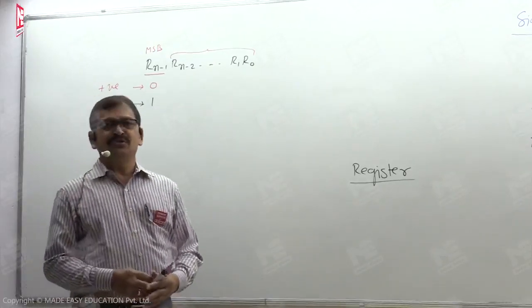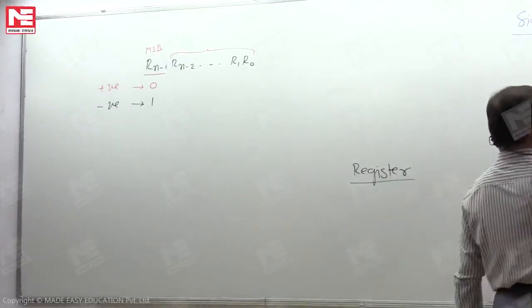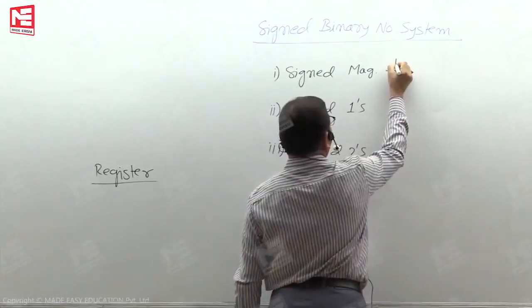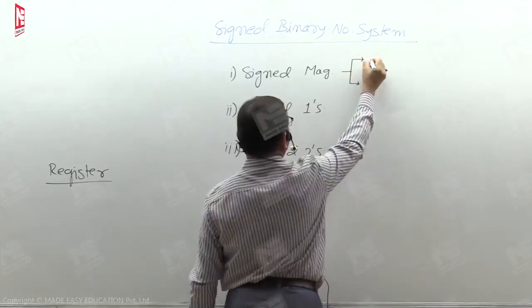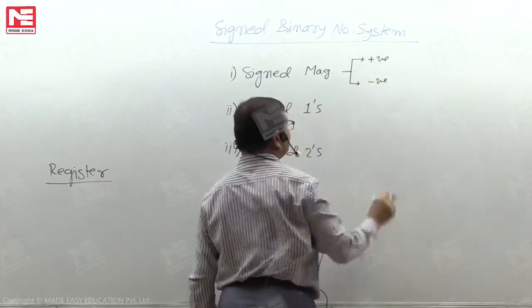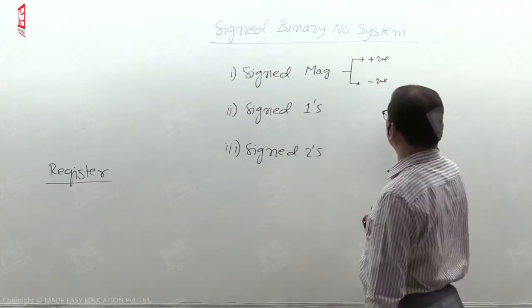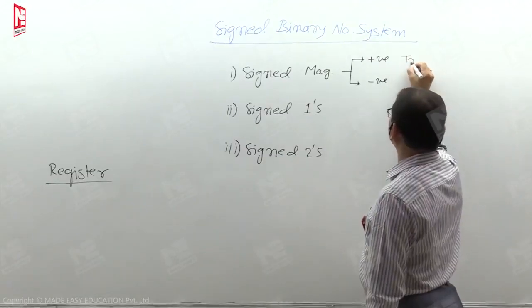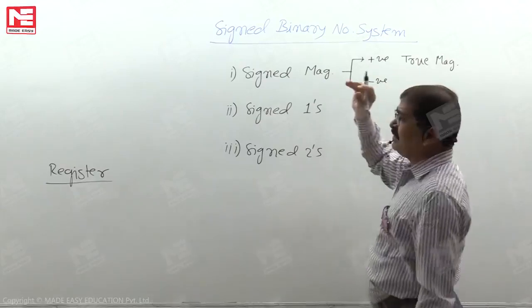In the sign magnitude representation, whether the number is positive or negative, the magnitude is always true magnitude.